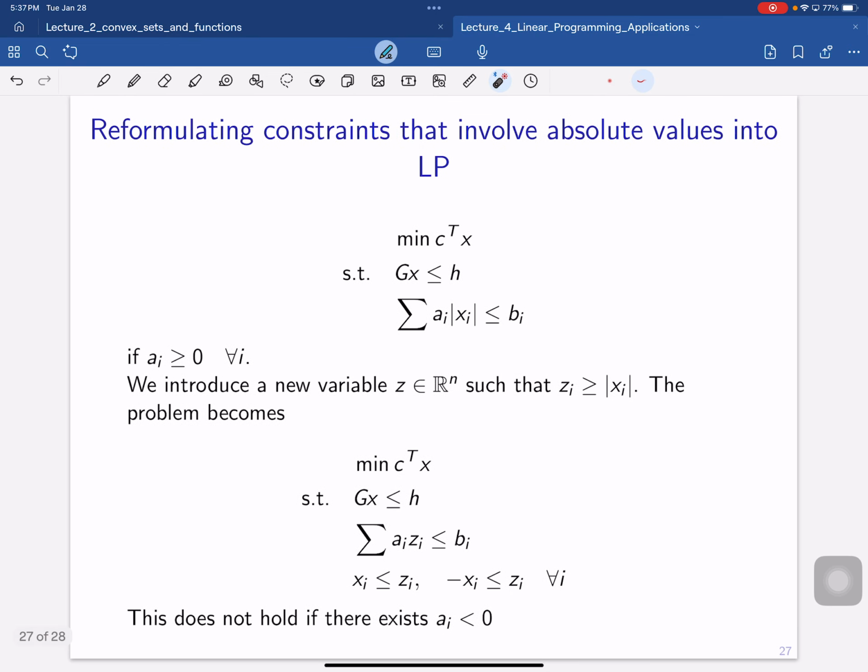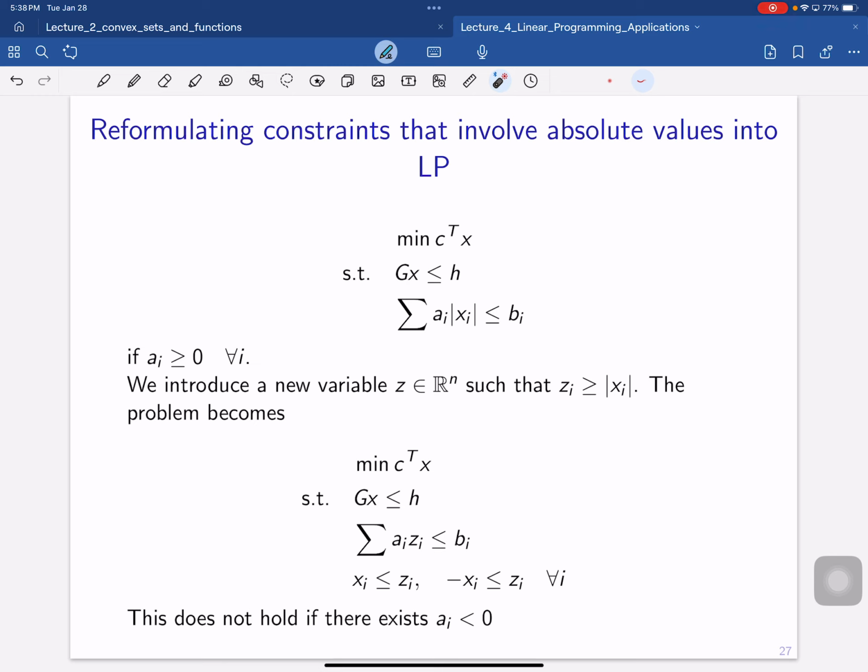So what if you have absolute values in the constraints? Can you represent that using linear programs? Sometimes you may want to model absolute value in your optimization model. When can it be reformulated as a linear program, and when can it not?